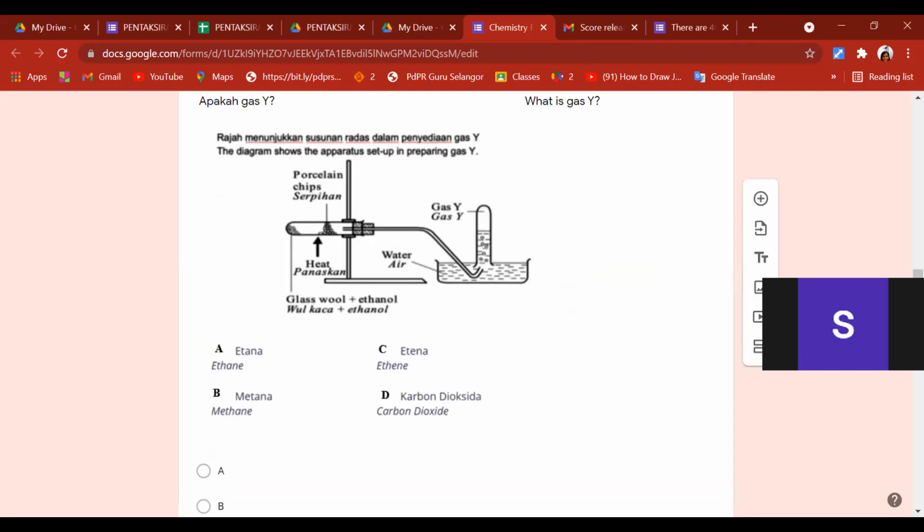Now, this is ethanol. Ethanol is going to form something here. I'm using porcelain chips. I want somebody to remember chapter 2. What process is this? The name of the process. Kalau ada porcelain chips, apa nama proses ni?